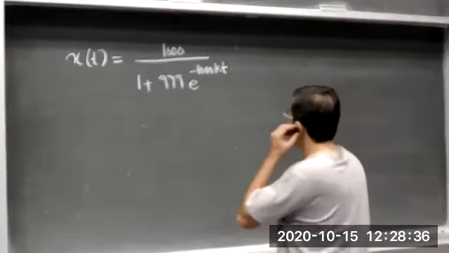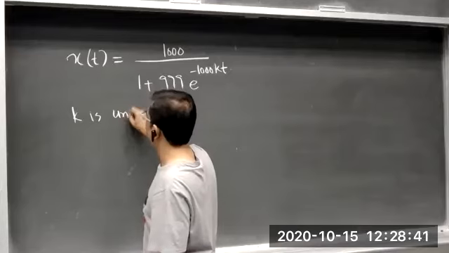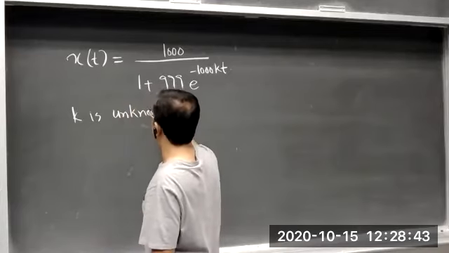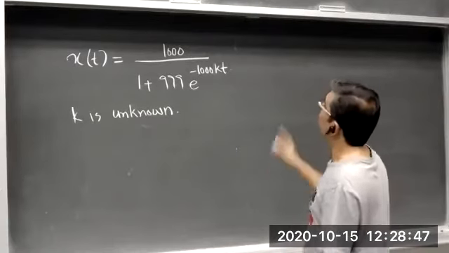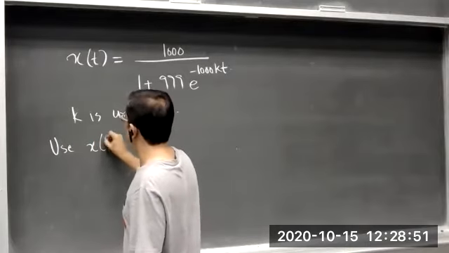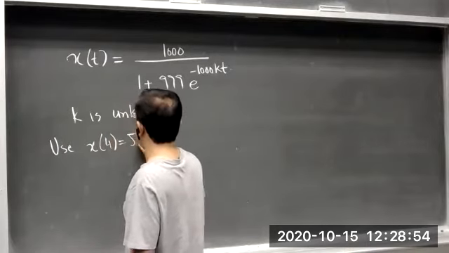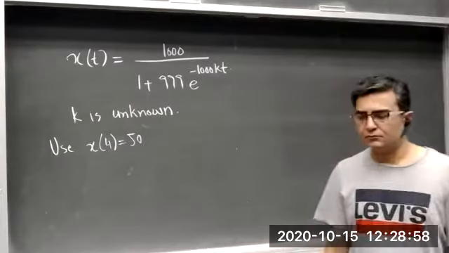We have also used the initial condition in order to calculate the constant of integration C naught. Now, k is unknown here. It means the rate of spreading of the disease. I told you that we will use the condition x of 4 is 50, which means after 4 days there are 50 infected students.